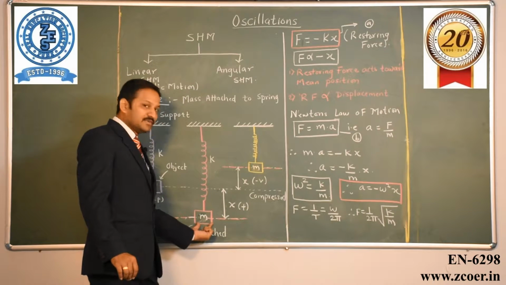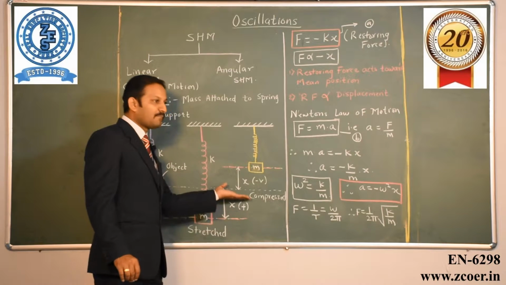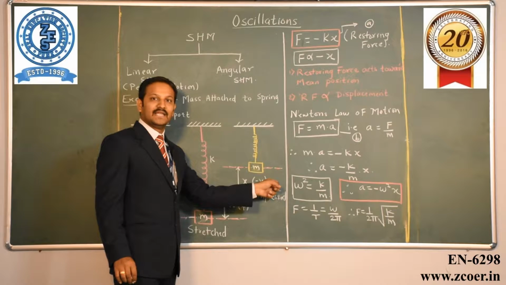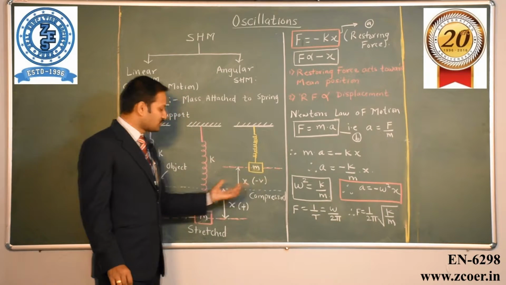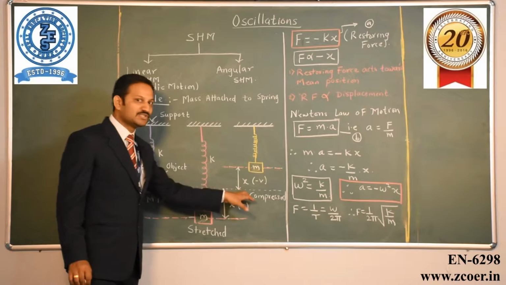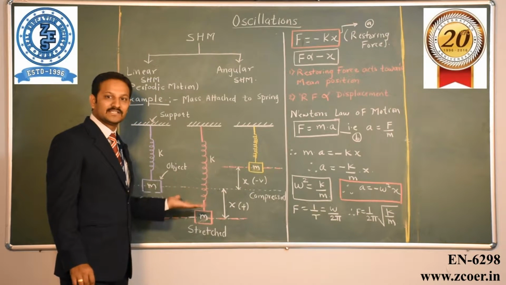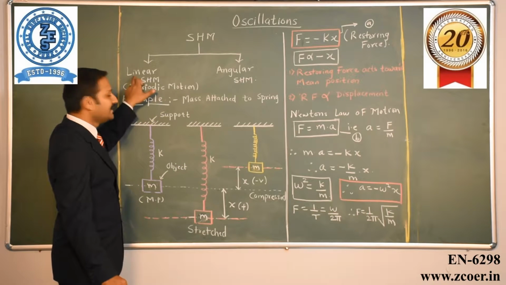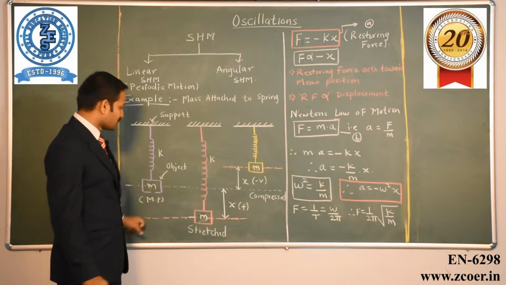Now the mass which has been stretched in downward direction gets compressed in upward direction, and we call it a negative displacement. So the mass moves to and fro from the mean position in a linear direction, that is, in vertical direction. So this is an example of linear simple harmonic motion.